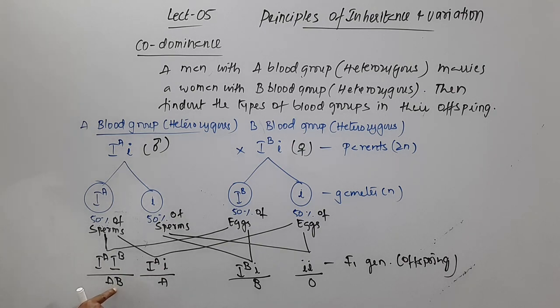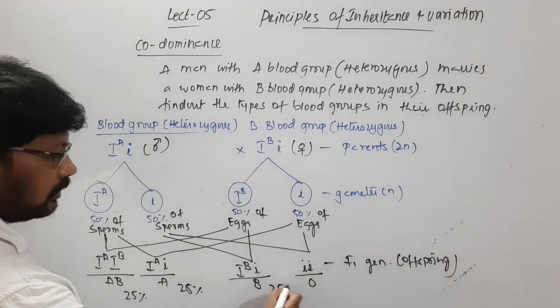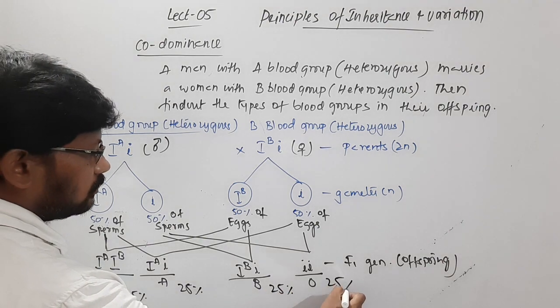So here the chance of their baby having AB blood group is 25%, the baby having A blood group is again 25%, the baby having B blood group is 25%, and O is also 25%.